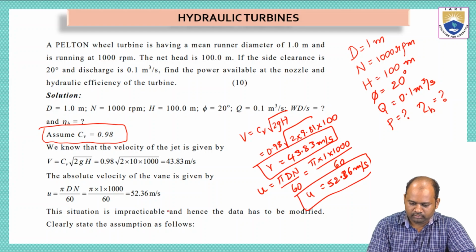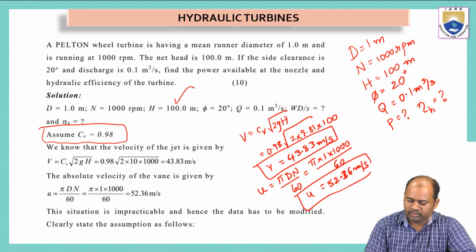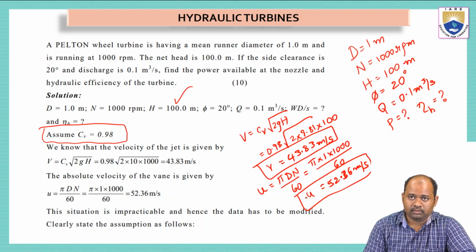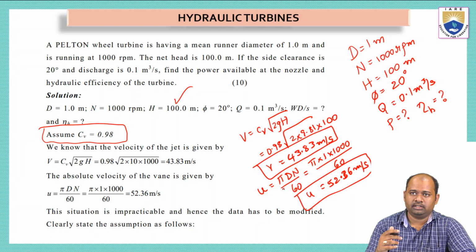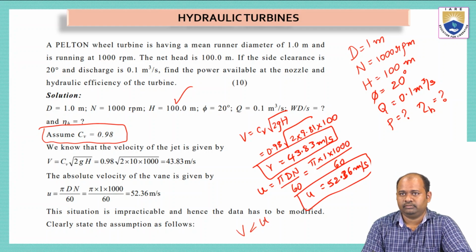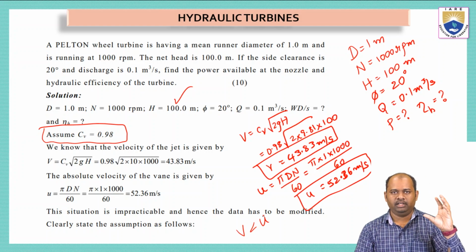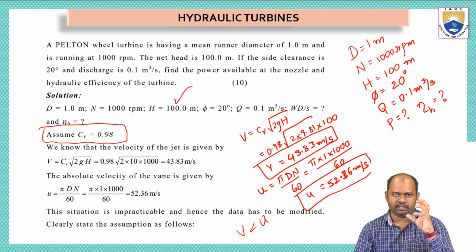see here the head is 100 meters, by which we have calculated the velocity at inlet is 43.83, okay, and the velocity of the vane is 52.36. Now if you carefully observe, V is less than U, which is not practically possible. Suppose the water is coming at 100 kilometers per hour through the jet.